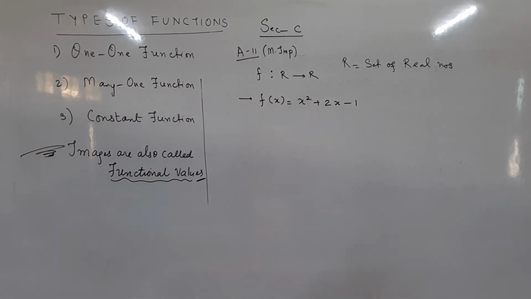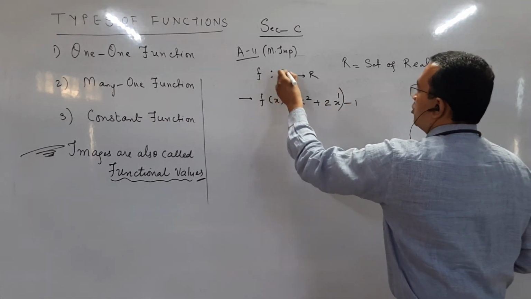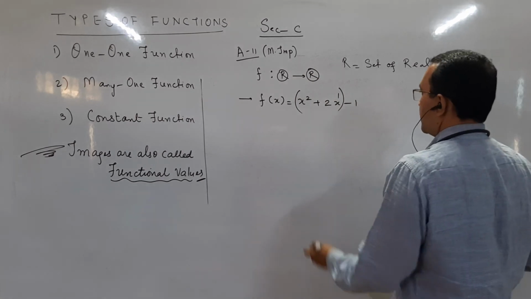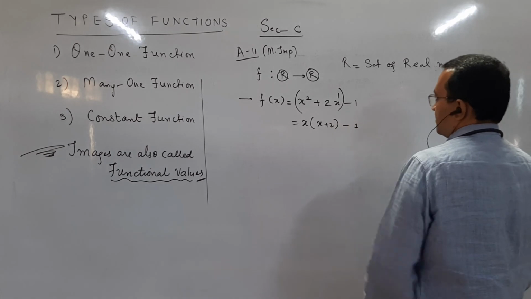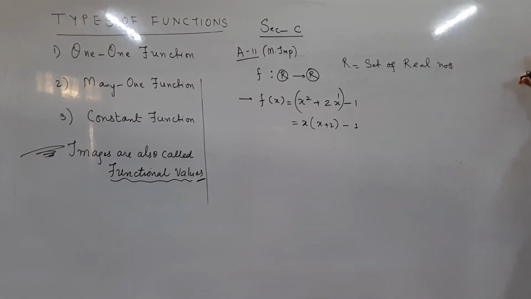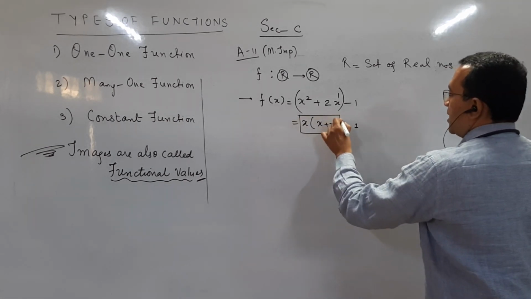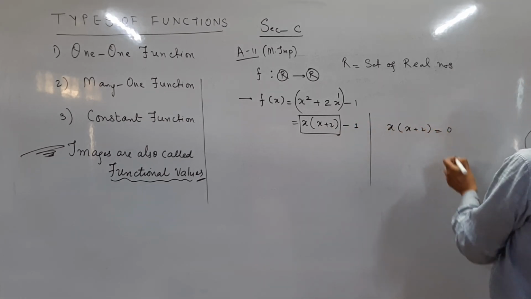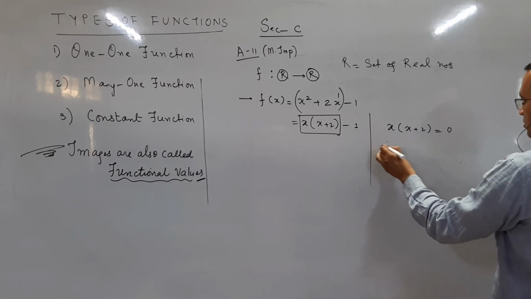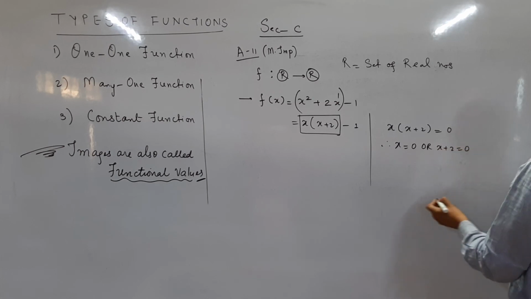From square term and linear term, power 1 means this is linear term. As far as the domain and codomain are generalized, take x common and write x plus 2 minus 1. Correct? Now what you have to do, equate this term to 0. On the side you show like this: x into x plus 2 is equal to 0. So either x is 0 or x plus 2 is 0.